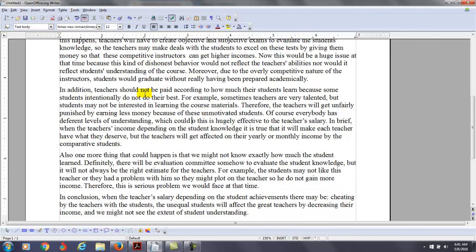which could also hugely affect the teacher's salary. Let's make it plural. In brief, when the teacher's income, we need a verb here, right?